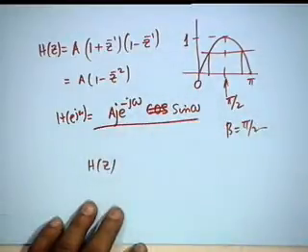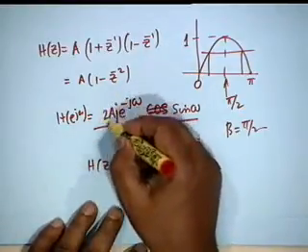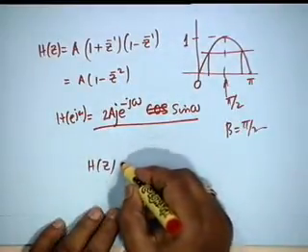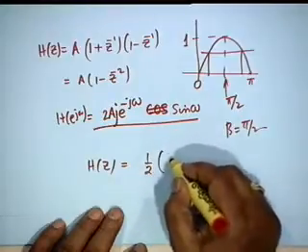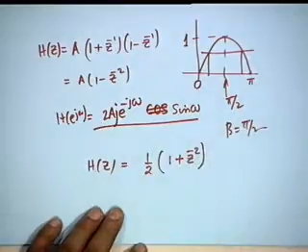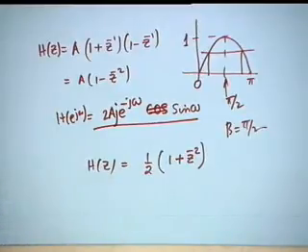This should have been twice A. So capital A equal to half will give me response 1. In a similar manner, you can show that if I take half 1 plus z to the minus 2 instead of minus z to the minus 2, then I get a band stop filter, and that is the correct point to stop.